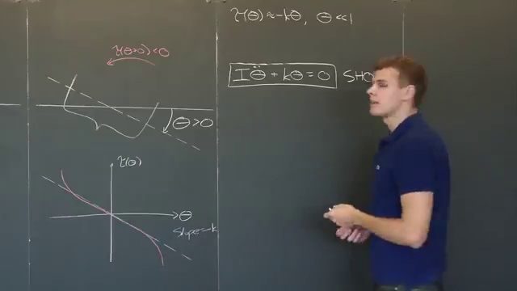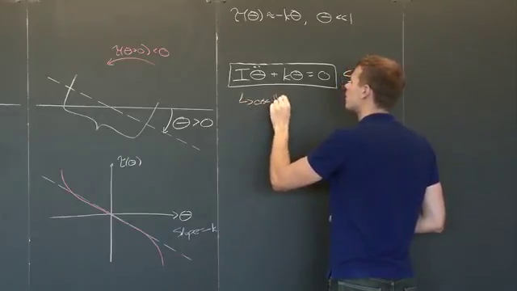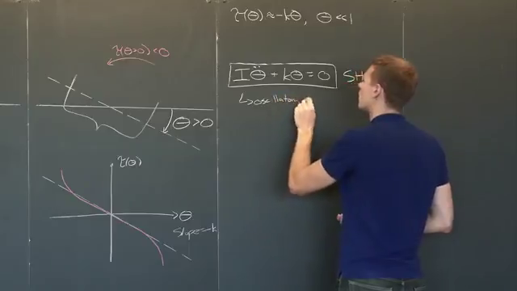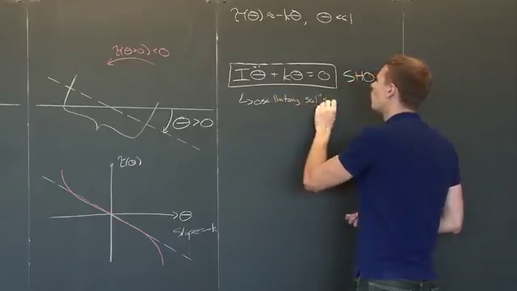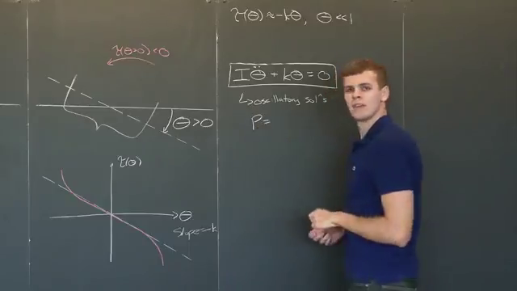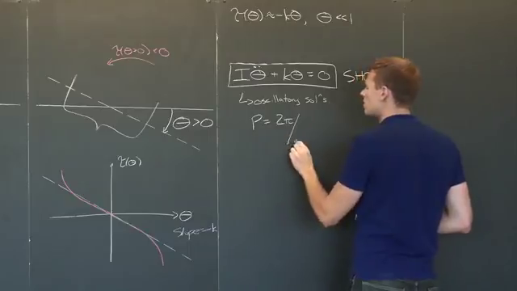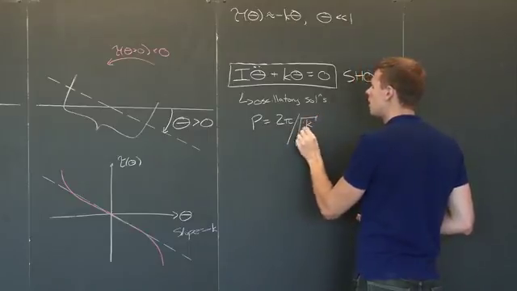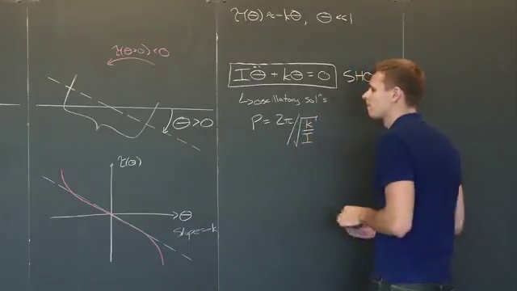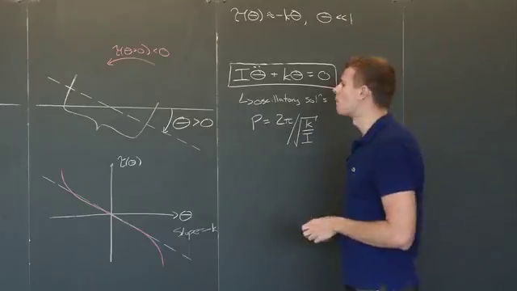And so we know that it yields oscillatory solutions around theta equals 0. We also know that the period p of these oscillations is equal to 2 pi divided by the square root of k over I.